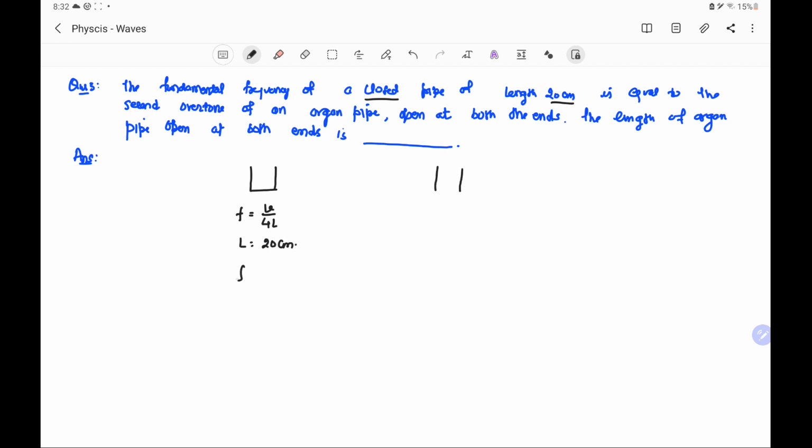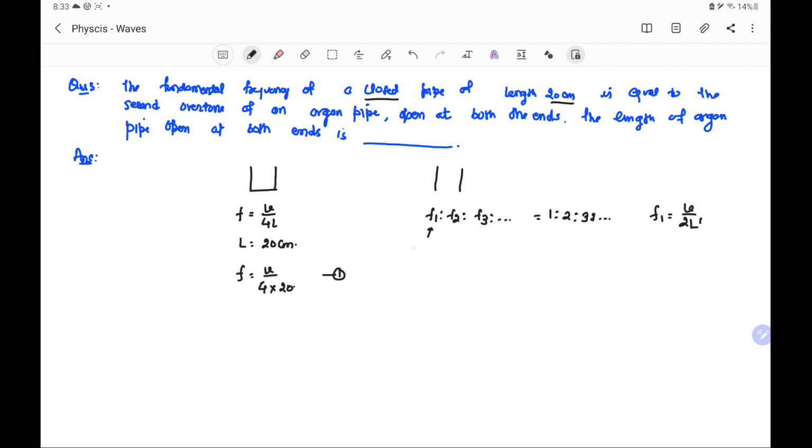That means the frequency is V by 4 into 20. This is equation number 1. And the second overtone of the open organ pipe: we know that for an open pipe, the frequencies F1, F2, F3 and so on are in the ratio 1 : 2 : 3 and so on, with fundamental frequency F1 equal to V by 2L dash, if L dash is the length of the open pipe.